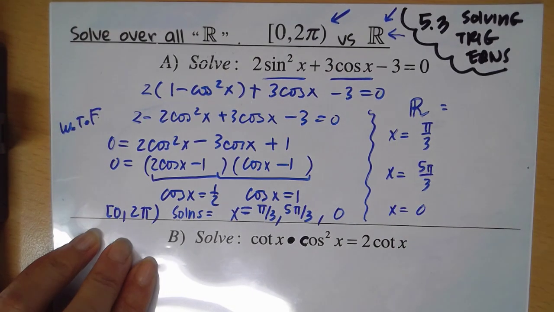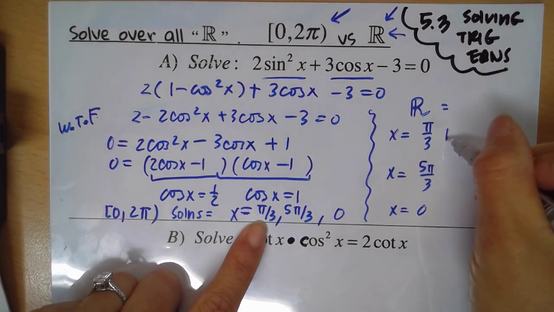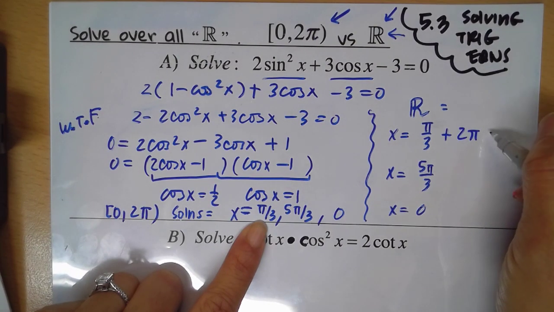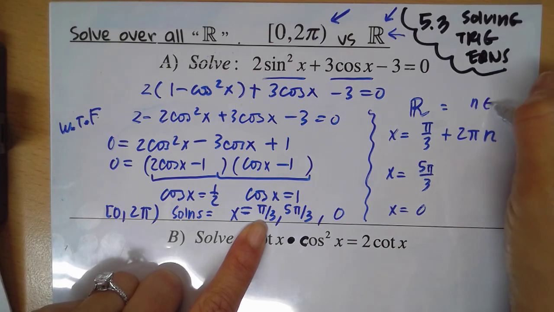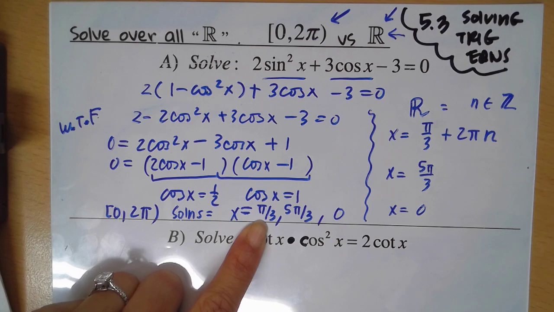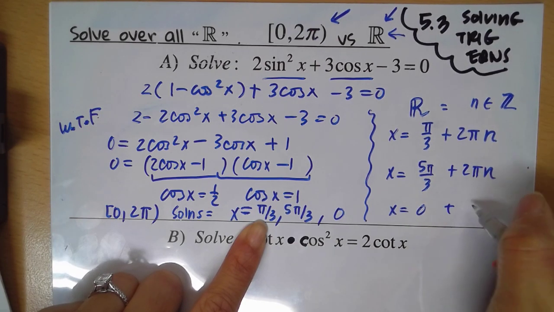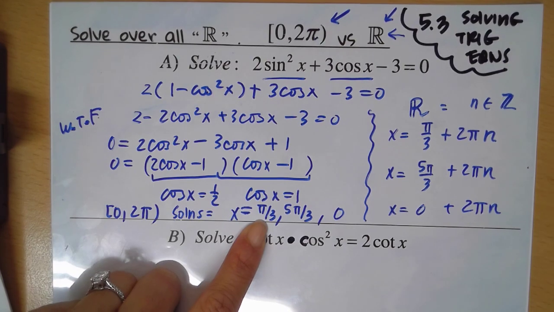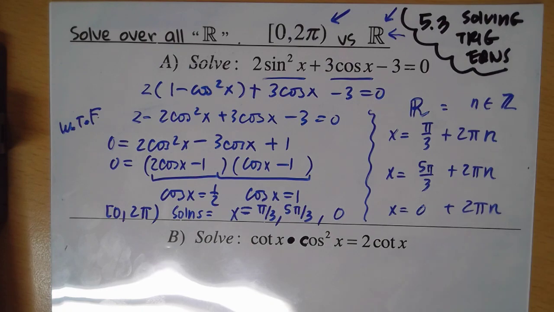I know that we don't have to write the 0, but you'll see why. How often does cosine repeat? Every 2 pi, right? And over every real number, so n is all integer values. So every 2 pi it repeats. We have to state the answers in this format for over all real numbers.